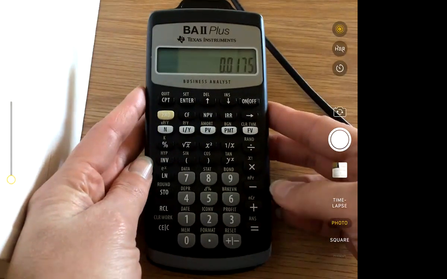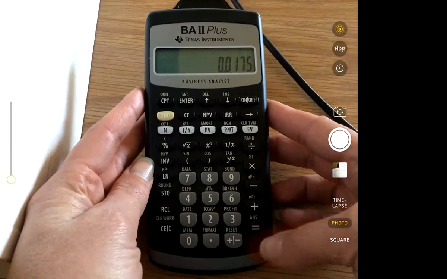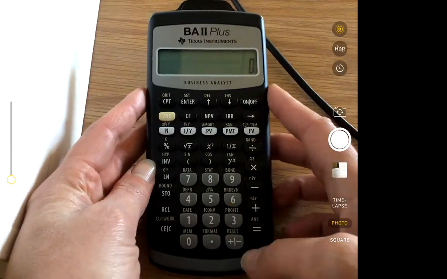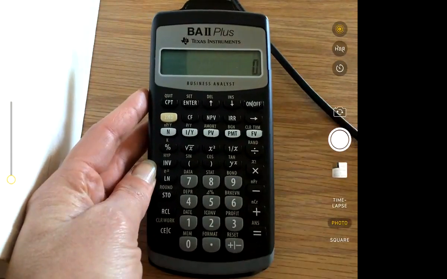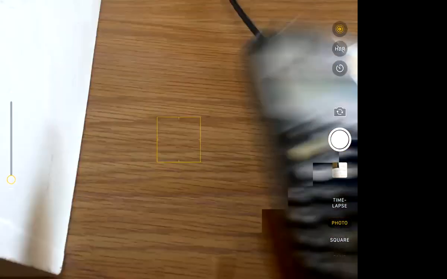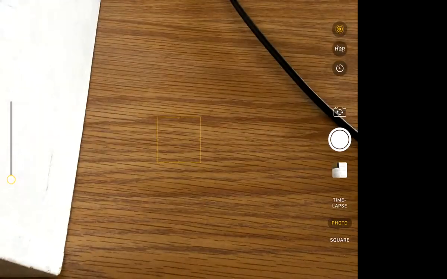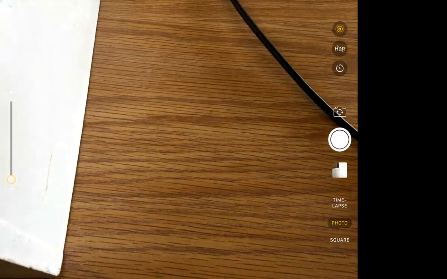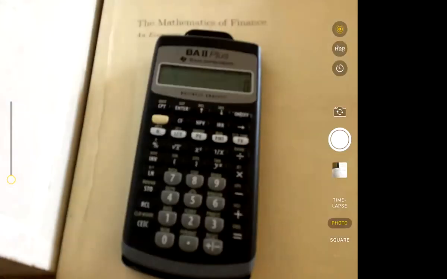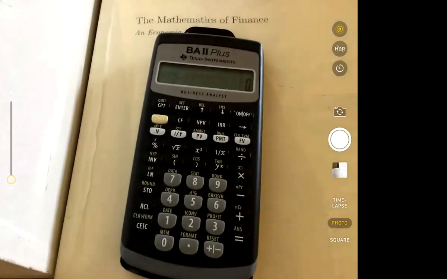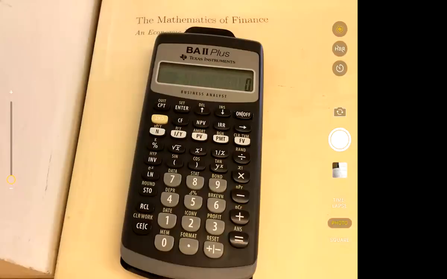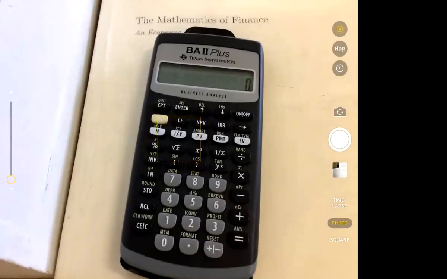How about that? All right, good enough. How about yellow? I'll turn the lights on. Maybe that'll help. Then you can see the calculator, but not see the screen. I think we got it.